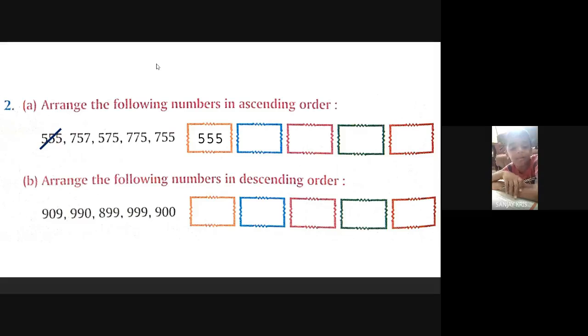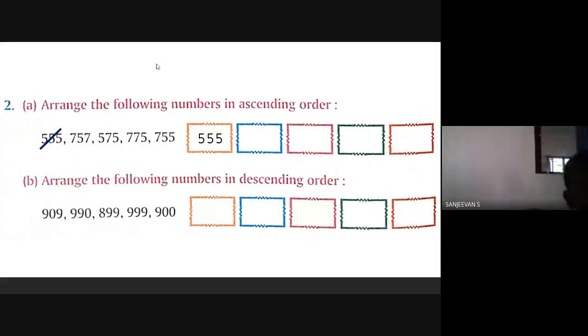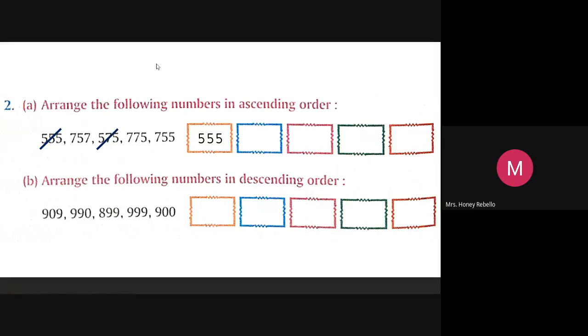Who's this child shouting? Sanjeevan. Only Sanjeevan is. Second one. Ma'am, 575. Very good. I'm writing because you are telling me the answer.